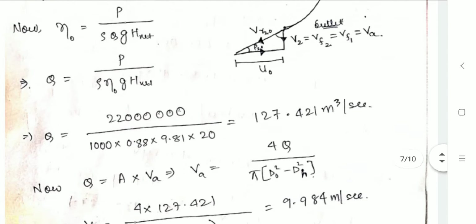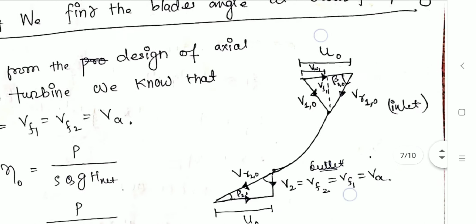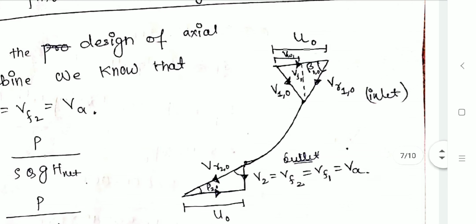So now we have complete information about the velocity triangles to calculate the vane angles. At the inlet velocity triangle we see that the vane angle is beta 1 naught, which can be calculated as tan beta 1 naught equal to perpendicular by base.